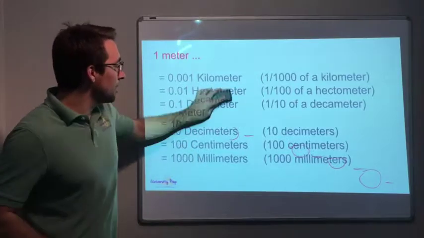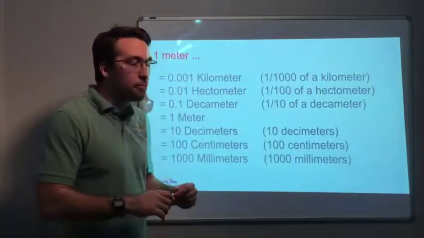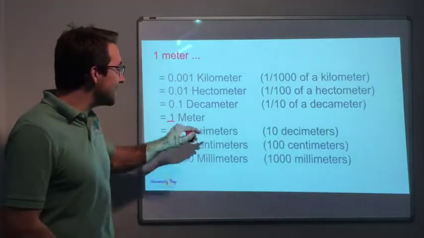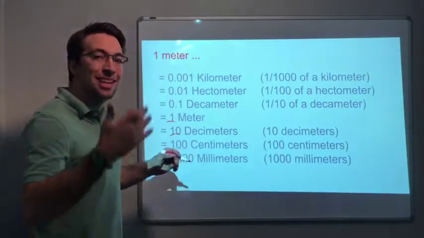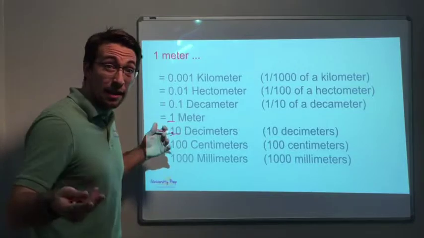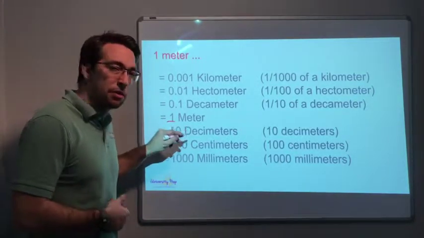So here's a look at just meters. Let's look at a standard meter. 1 meter is the same thing as 10 decimeters. Deca, decade: 10 years in a decade, right? Decagon, 10. There's 10 decimeters in a meter.